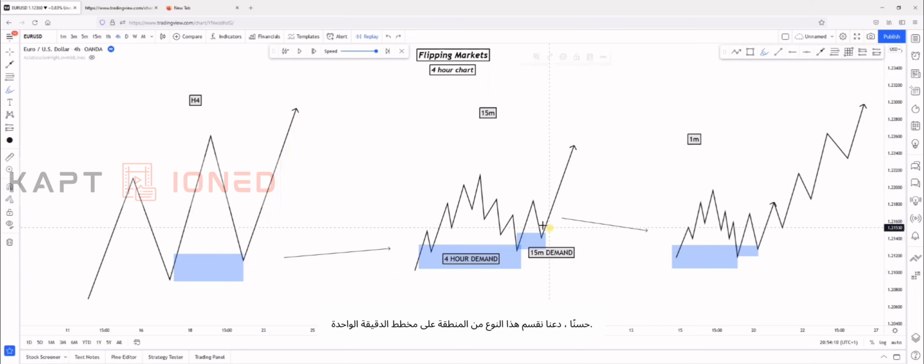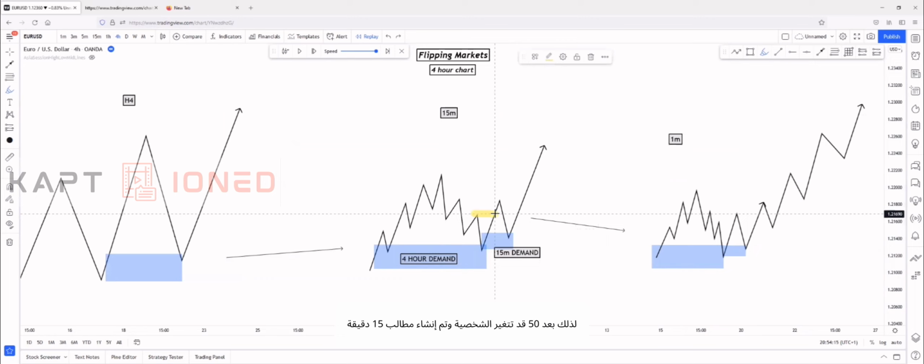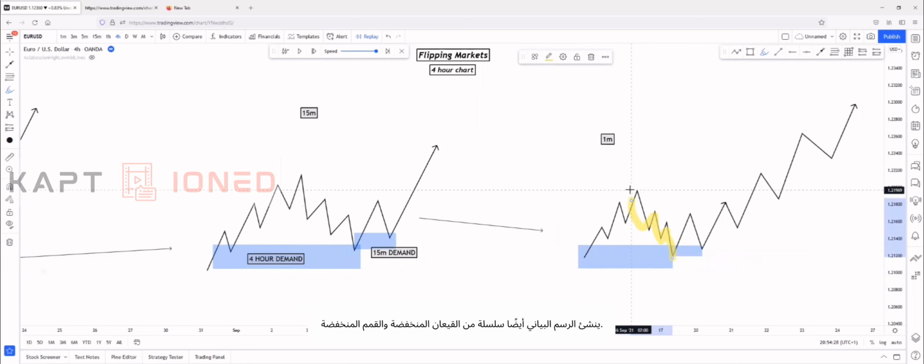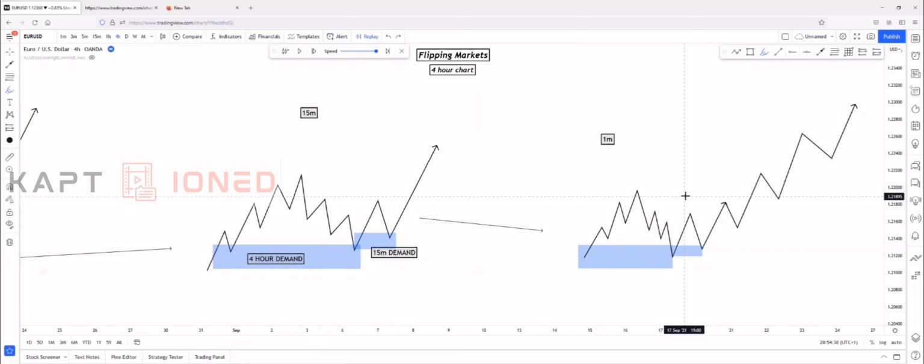Okay, let's break down this tap of the zone on the 1-minute chart. So after the 15-minute change of character and the 15-minute demand zone has been created, price tapped into this zone, and this upside movement will look like this on the 1-minute chart, and this downside movement will look like this on the 1-minute chart also, creating a series of lower lows and lower highs.